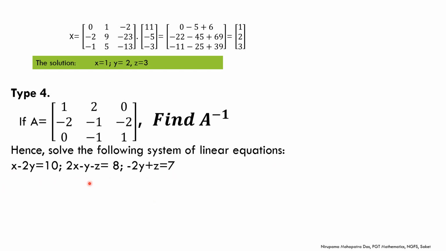Now what is the difference between type 3 and type 4? They look the same, but if you observe very closely, you can see the coefficient matrix 1, -2, 0. If you take the coefficient matrix, the first row should contain what? 1, -2, 0.